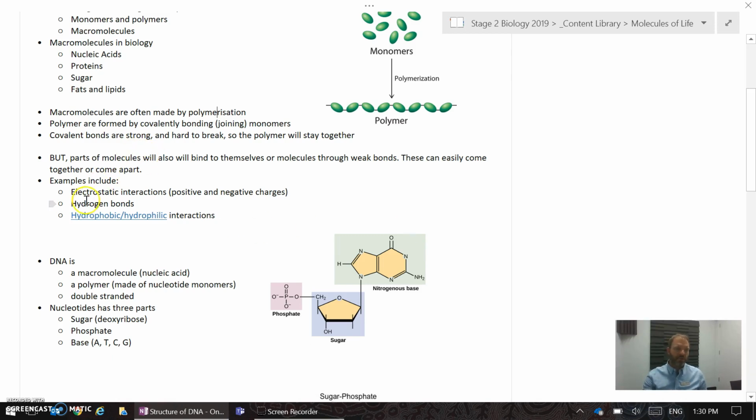So some of the things we're talking about there are electrostatic interactions, positive and negative charges, hydrogen bonds, which is what holds together the 2 strands of DNA, as we'll see in a minute, and hydrophilic, hydrophobic interactions. Now this is about molecules or parts of molecules that want to be in contact with water and those that don't. You can click on that link to get some more definition around that, but it'll also be talked about in proteins.